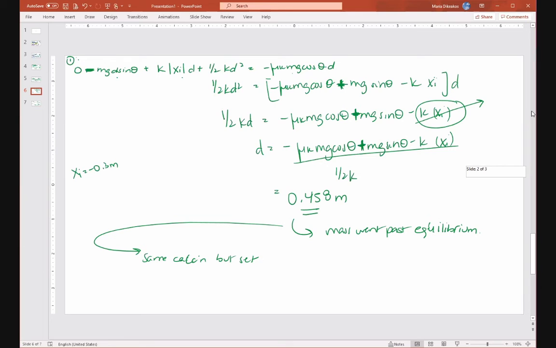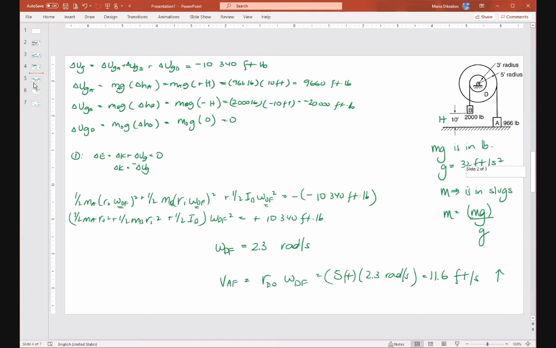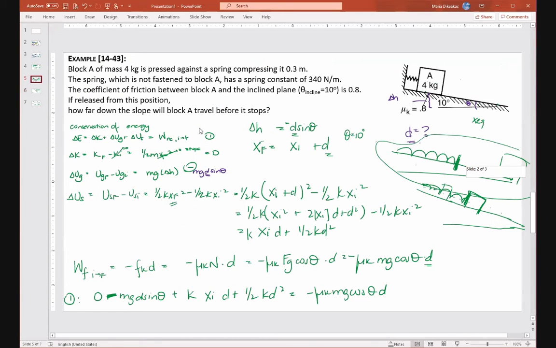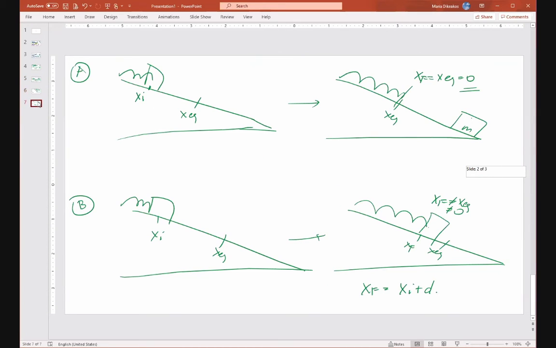Okay, so it's gone past equilibrium position, which means now you have to recalculate it because you've calculated it using this correction here, that your X final is not just X equilibrium, that your X final is equal to X initial plus D. So now that we know that it goes past X equilibrium, the delta US is simply going to be 0 minus 1/2 K X initial squared. So our scenario is this one here.